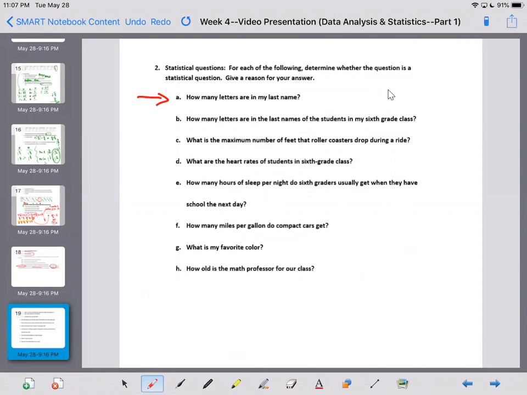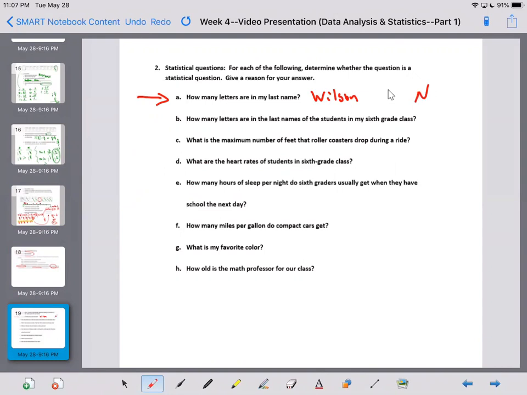Well, if everybody's thinking Wilson, then there's only one answer to that. So there's only 6 letters. There's not any other answers besides 6. So this one is not a good statistical question.